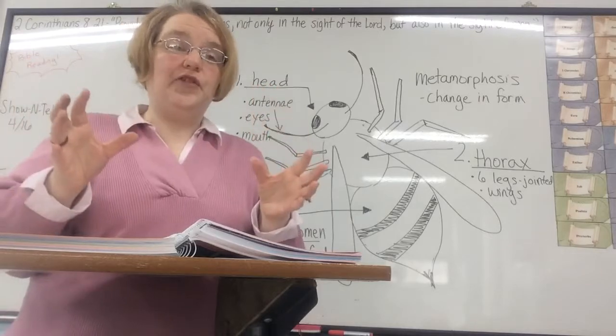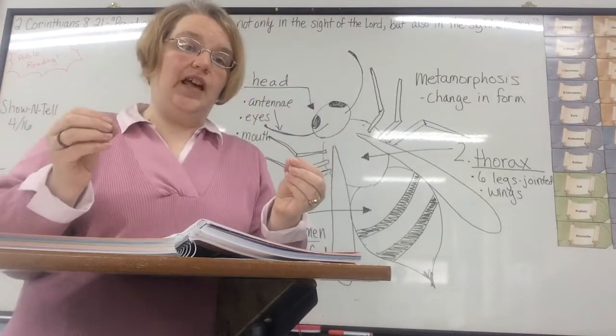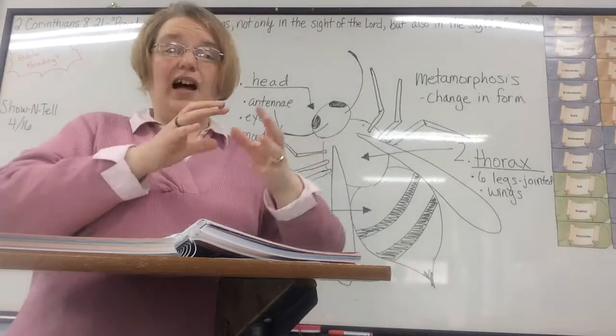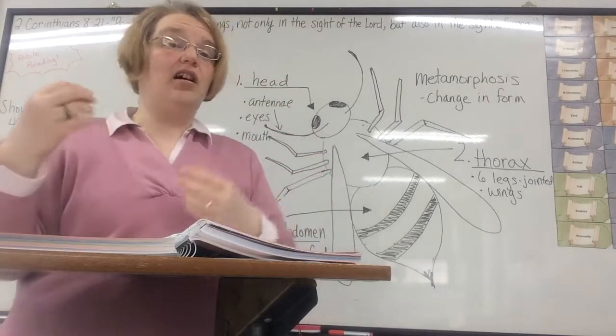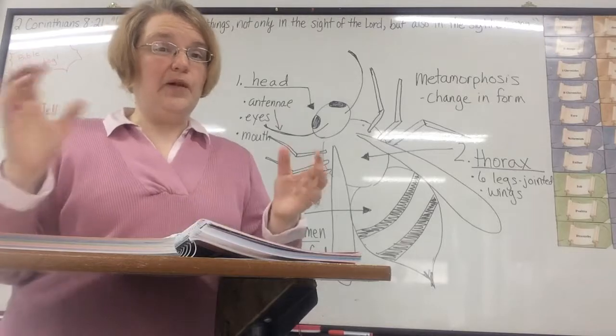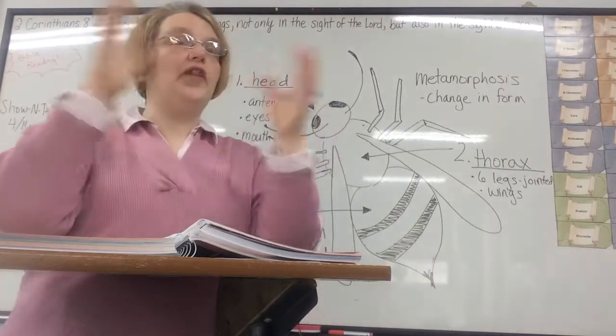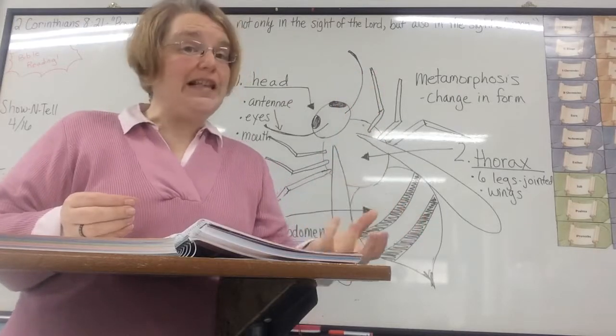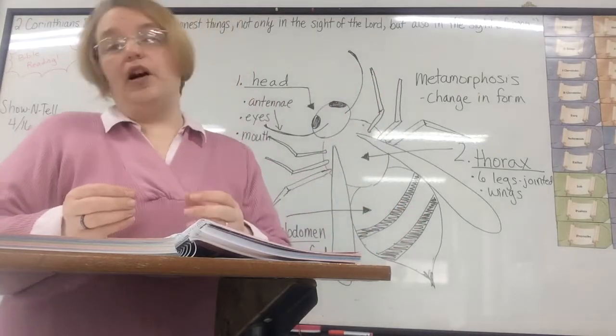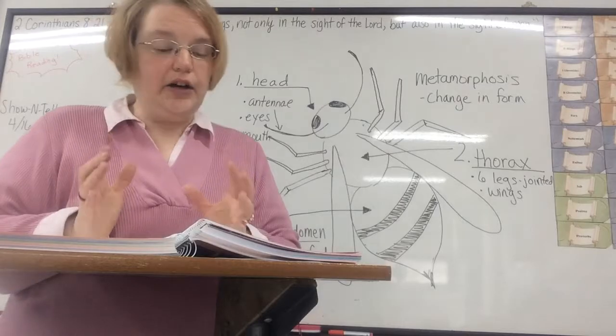One of the main differences is when it goes into its pupa stage, a butterfly's outer covering is called a chrysalis, and a moth's is called a cocoon. All right. Some people think that all of them are called cocoons, but it's not. The one around a butterfly is called a chrysalis, and the one around a moth is called a cocoon.